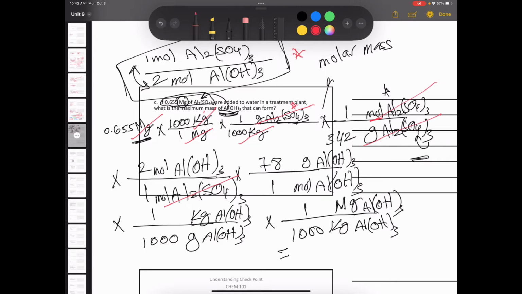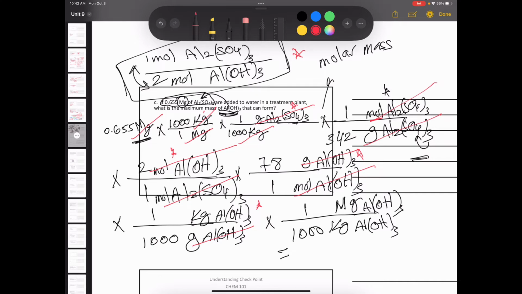I have, at this point, moles of AlOH3. But this is not enough. I need to convert the moles into grams and then convert that gram at the end into a megagram. So the mole of AlOH3 cancels out with a mole of AlOH3 using the molar mass of aluminum hydroxide. Now I have grams of aluminum hydroxide. Now I just need to use the metric conversions between grams and a megagram. So gram of aluminum hydroxide cancels out with a gram of aluminum hydroxide. Now I have a kilogram of aluminum hydroxide.